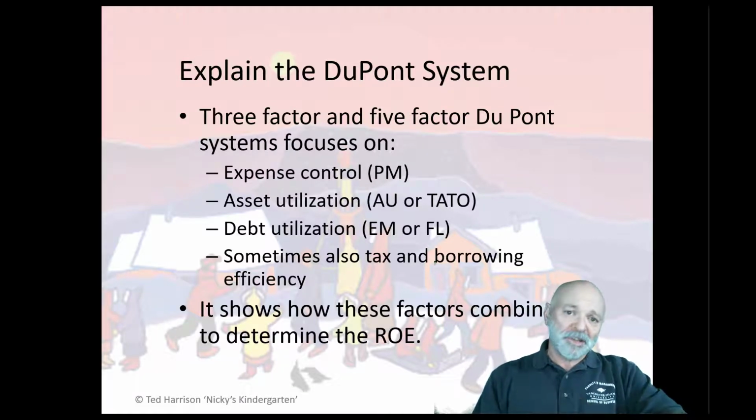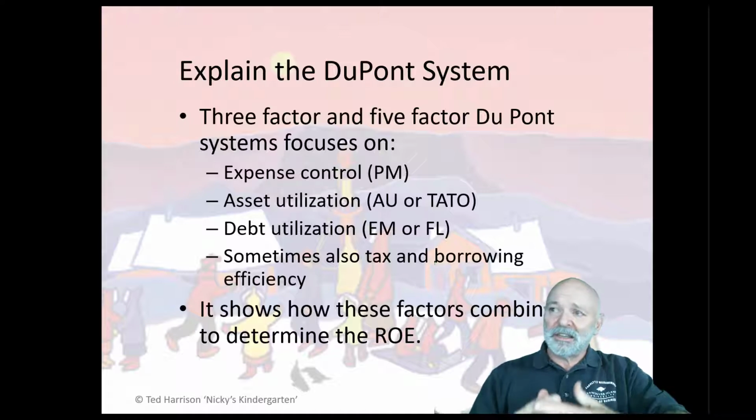So a 5% profit margin multiplied 4 times a year, 5 times 4, gives us a 20% overall margin. So the turnover of our profit margin becomes important.